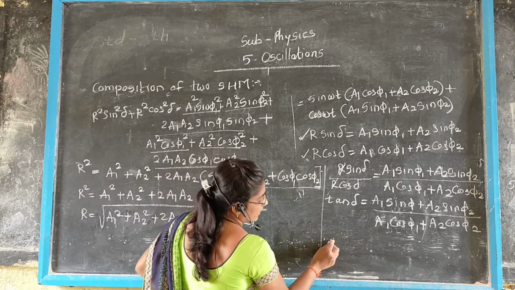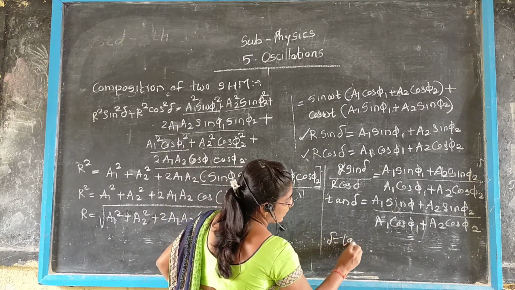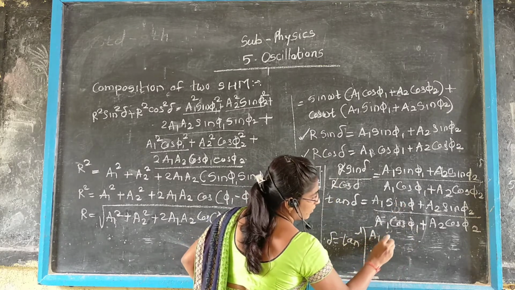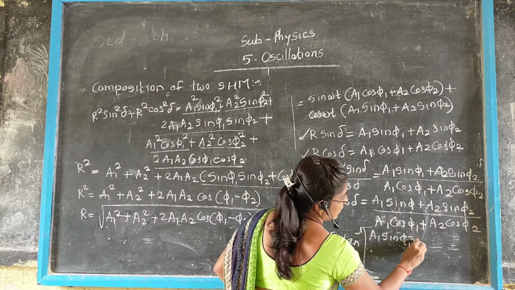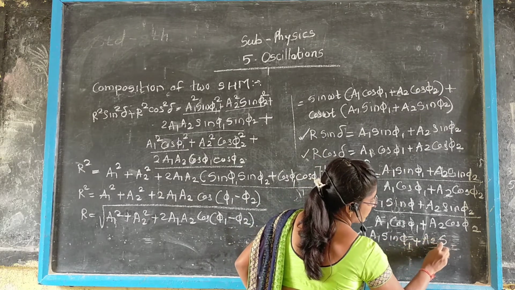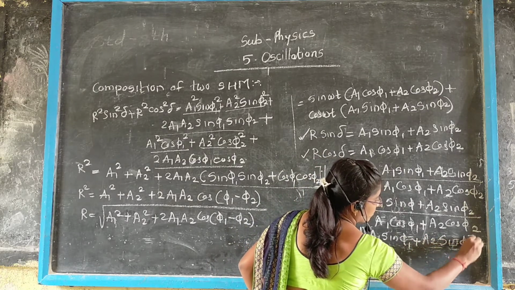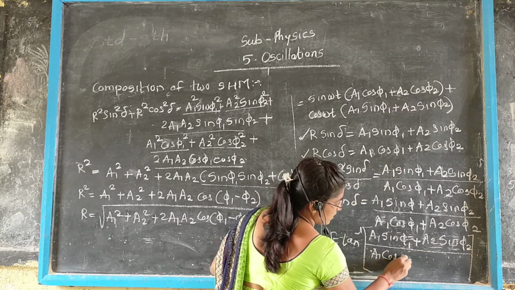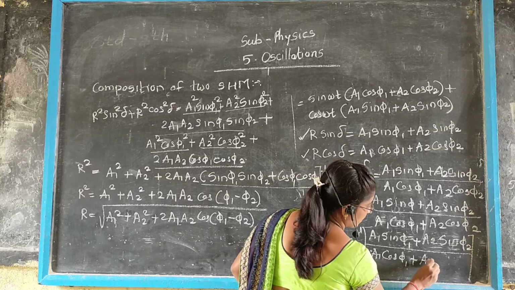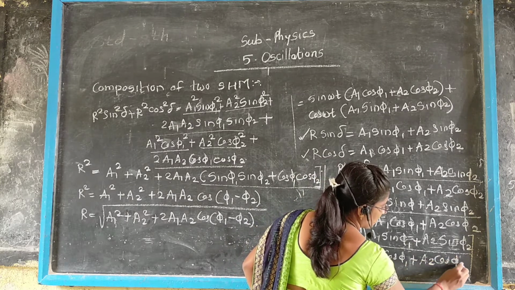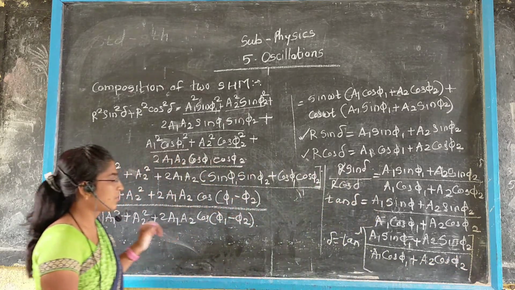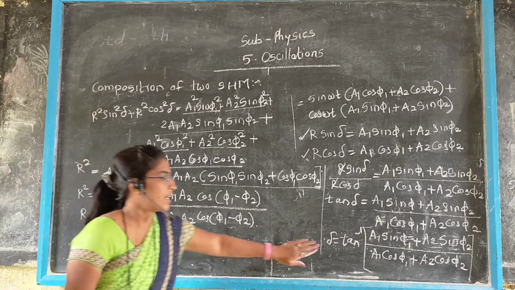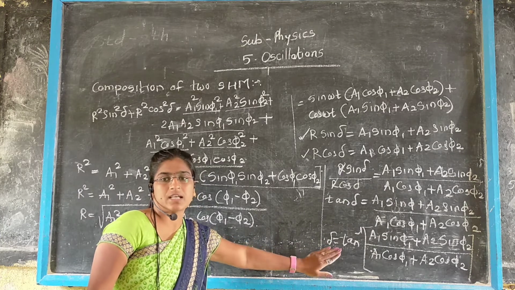Therefore, angle delta is equal to tan inverse of this expression. Therefore, we get the two equations: this is the resultant amplitude and this is the resultant phase angle.